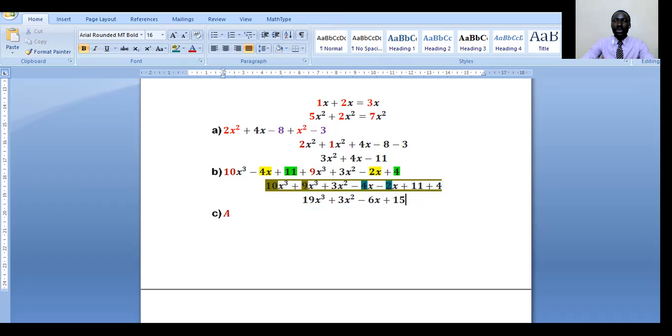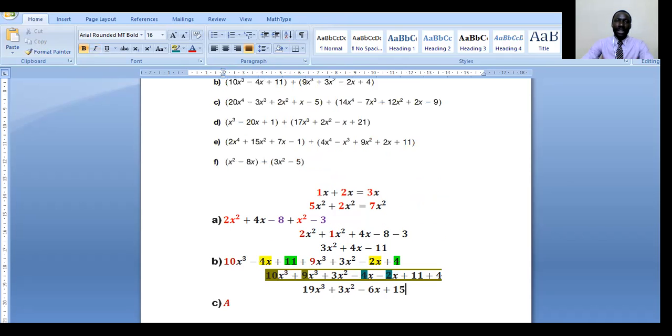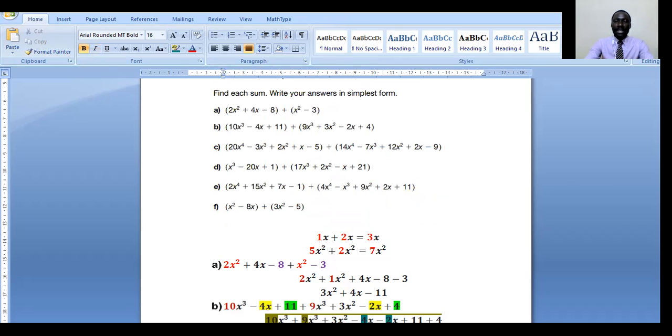Now, the next thing we want to look at is C, okay? Now, in C, we do have this expression here that we are adding onto the other expression. Now, notice that I will do up to C, then D, E, and F is going to be your task.